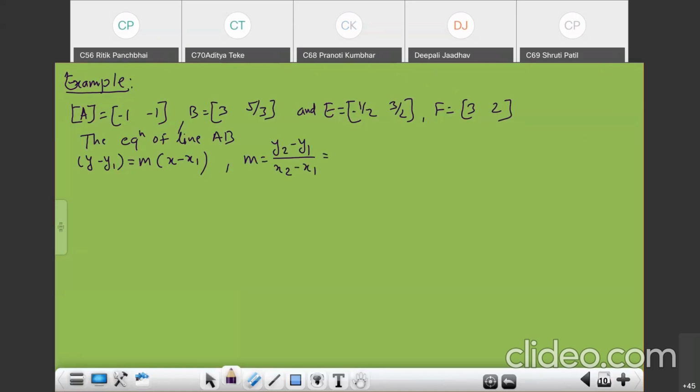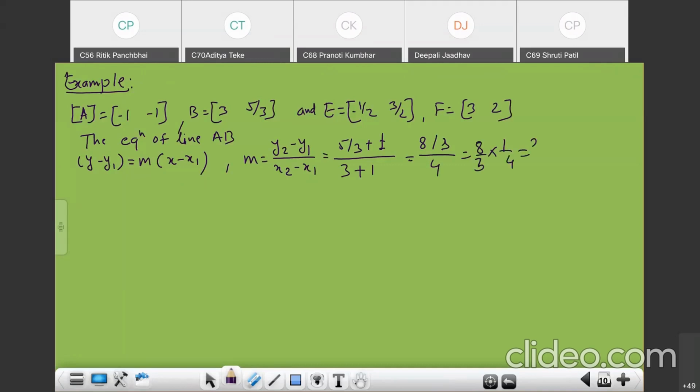So what is y2 here? For line AB, 5 by 3 minus 1 means it becomes plus 1, divided by 3 minus minus 1 means it becomes 3 plus 1. It is 8 by 3 divided by 4, which is 8 by 3 multiplied with 1 by 4.